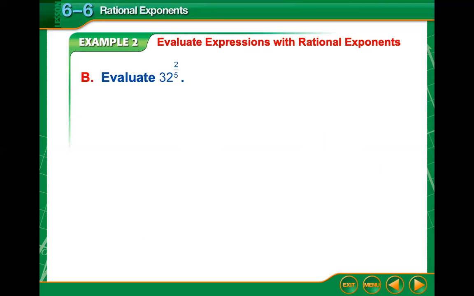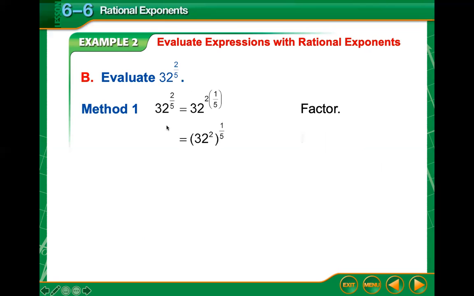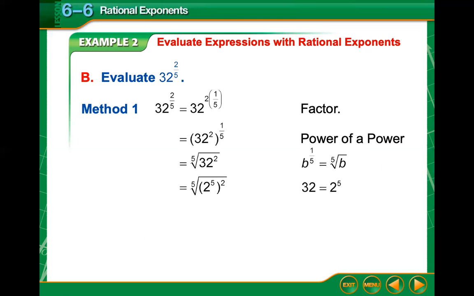All right, so we're going to evaluate 32 to the 2/5. We can use method 1, which uses properties of exponents and factors out the 2 to get 2 times 1/5, the same thing as 2/5. Using power of a power, they do 32 squared and then take the 5th root. They go, well, 32 is the same thing as 2 to the 5th, and they rewrite it this way.